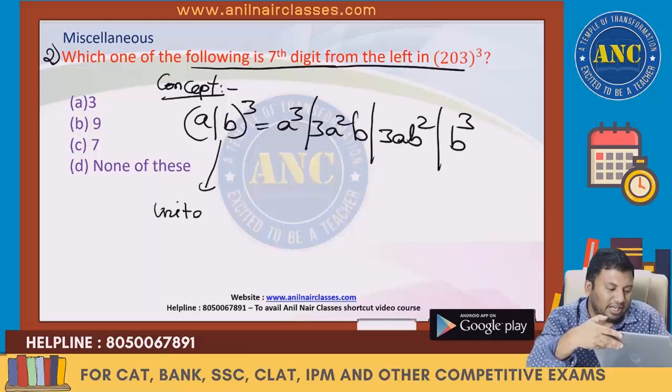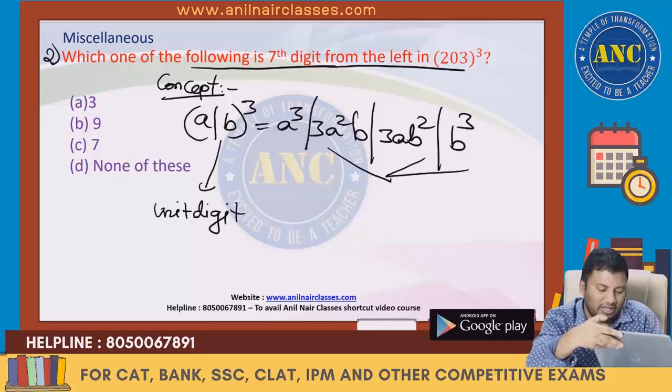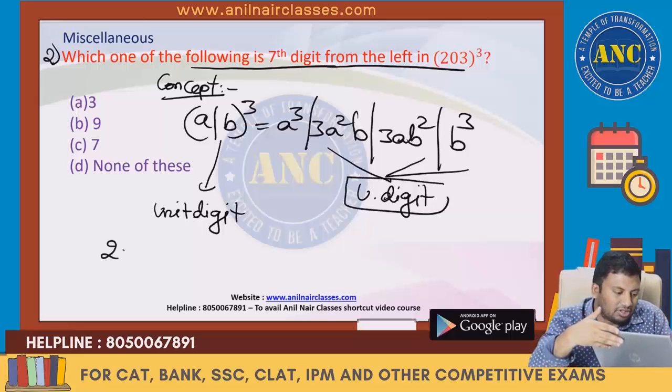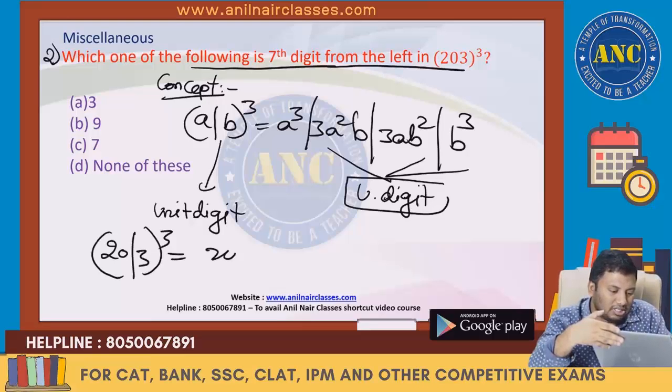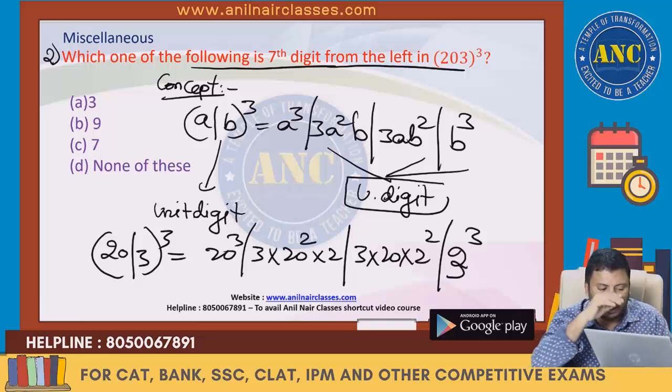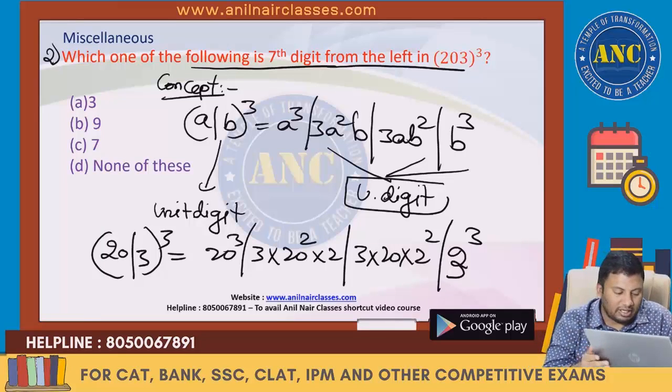If it is taking the unit digit, all these places will take only the unit digit, which we discussed in our class. 203 whole cube is 20 plus 3 whole cube. This is a cube. Next is 3a square b, next is 3ab square, and next is b cube.